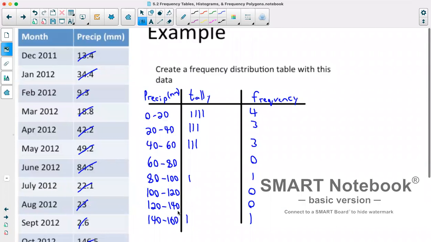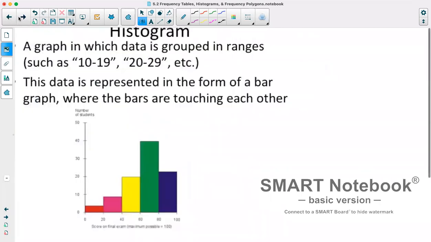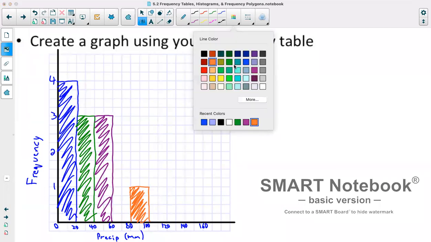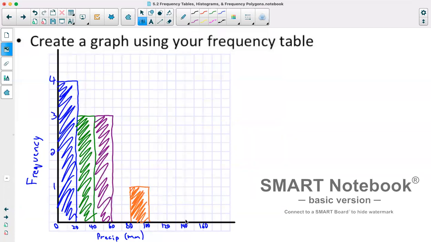And then we had 1 for 140 to 160. So this is what our histogram for that data would look like.